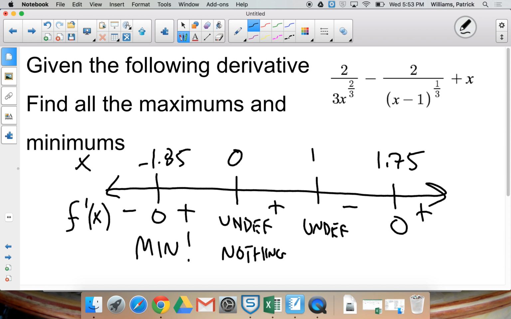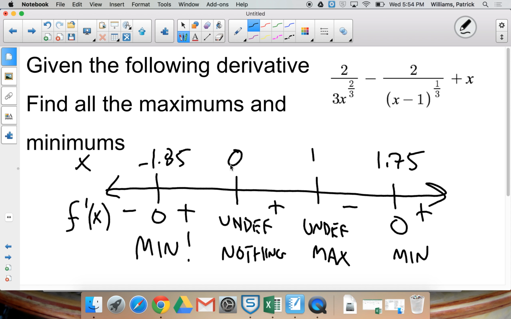This one, positive, undefined, negative, that's a maximum, and negative, 0, positive is a minimum. So our function would have had 2 local minimums and 1 local maximum and 1 critical point in which we neither had a local minimum or a local maximum.